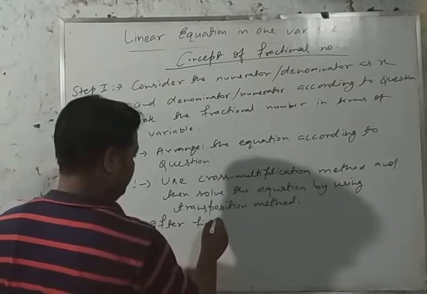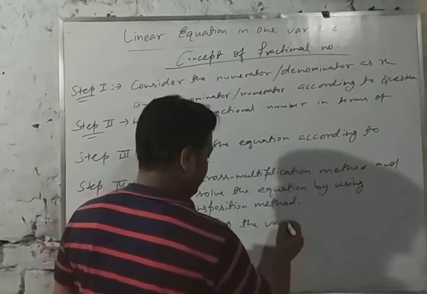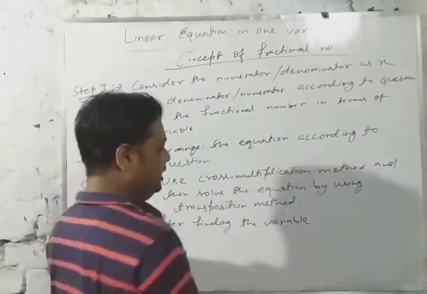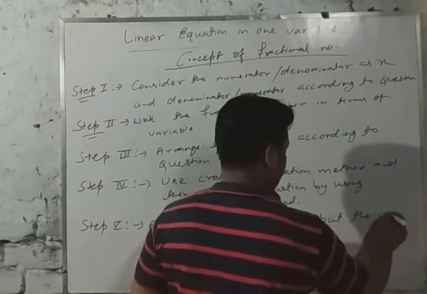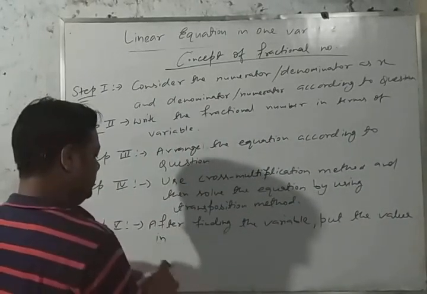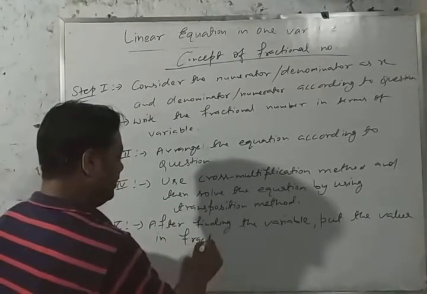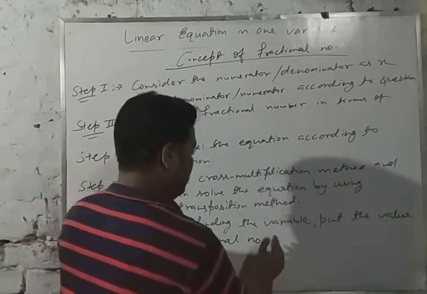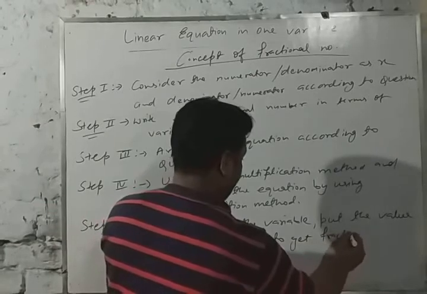Then in step 5, after finding the variable, put the value in only the fractional number, not in our assumption, to get the fraction.